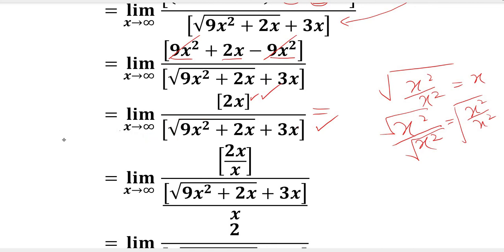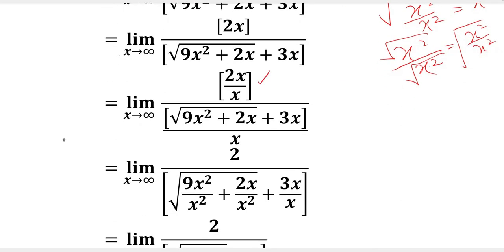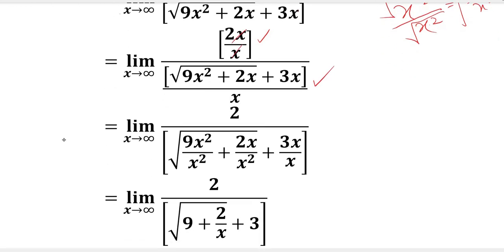So we divide the numerator and every term in the denominator by x. That cancels out, you are left with only 2. Now, as I said, this term is not in the square root, so we just divide it by x.